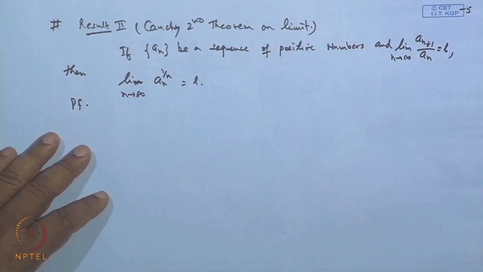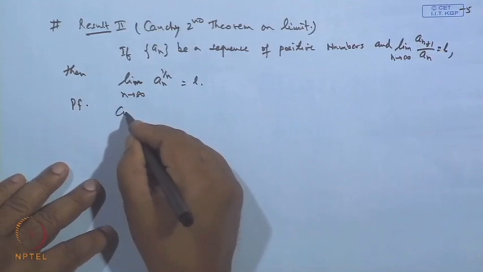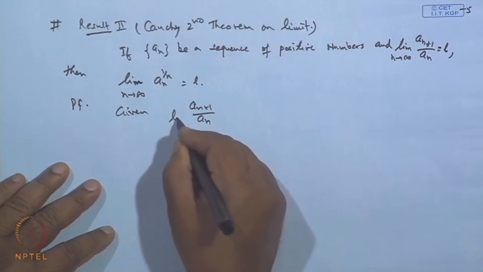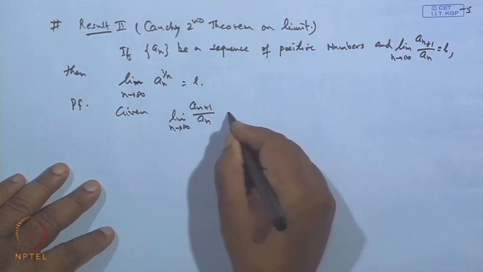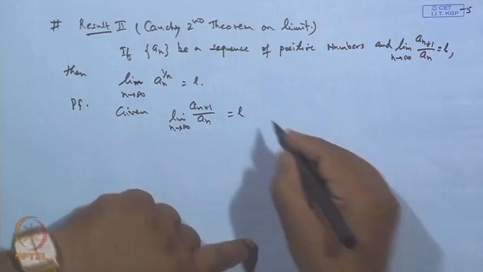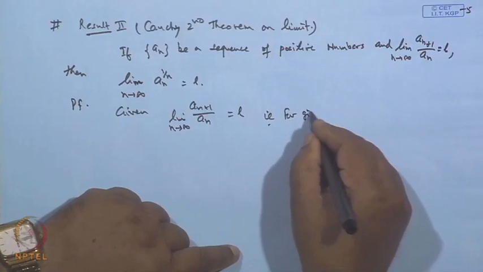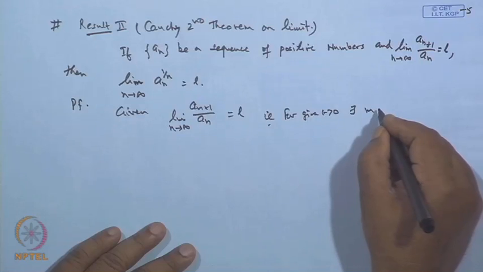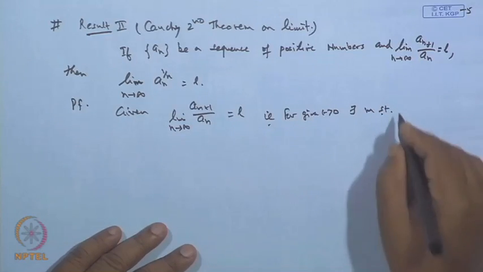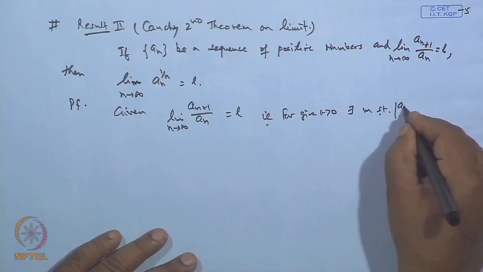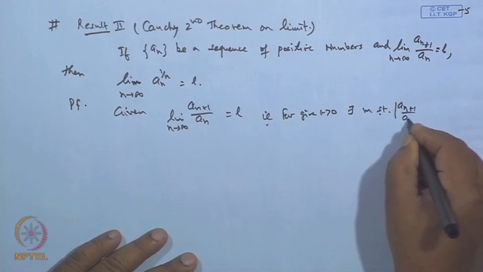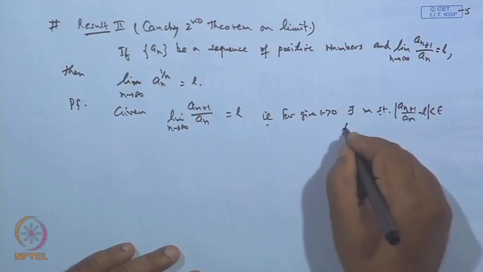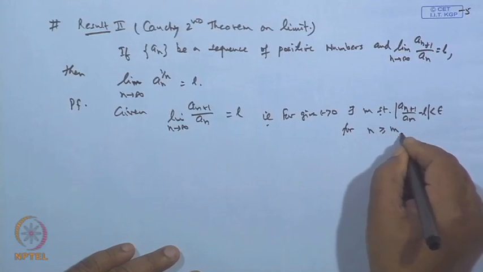Okay. What is given is that this ratio is L, given a n plus 1 over a n, limit of this as n tends to infinity is L. It means that for given epsilon greater than 0, there exists say m such that mod of a n plus 1 over a n minus L is less than epsilon for all n greater than or equal to m.